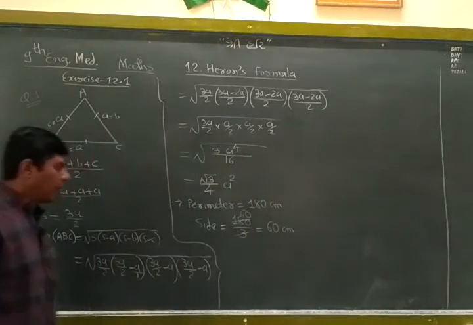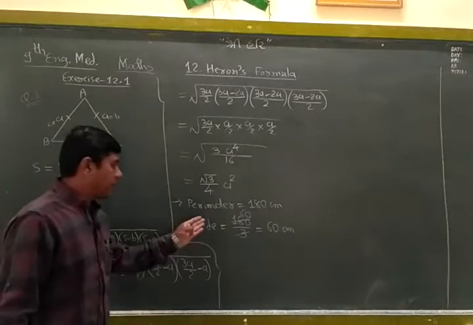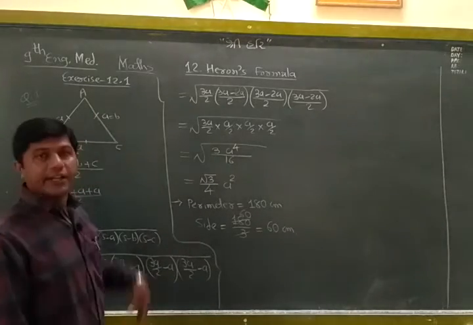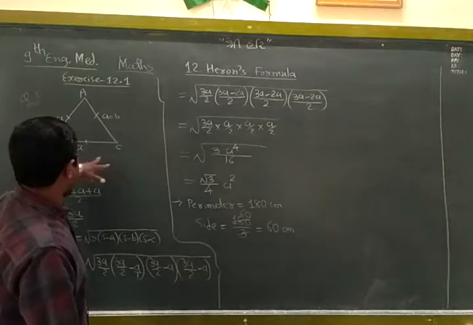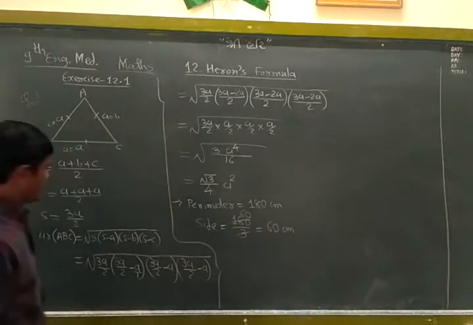Okay, because this is an equilateral triangle, all sides are the same, perimeter means addition of all sides, AB plus BC plus CA. Okay, now put the value here.